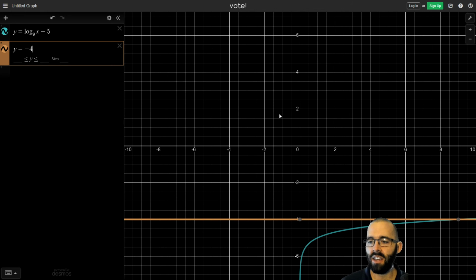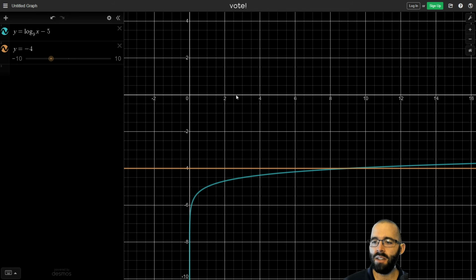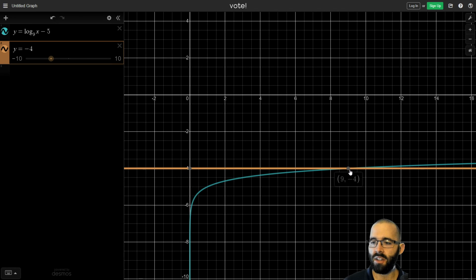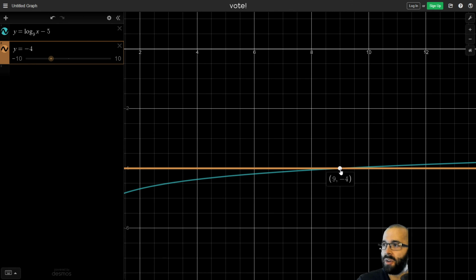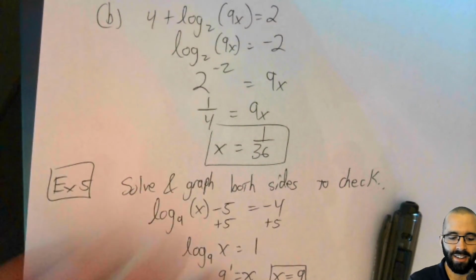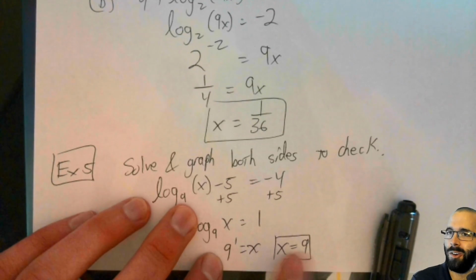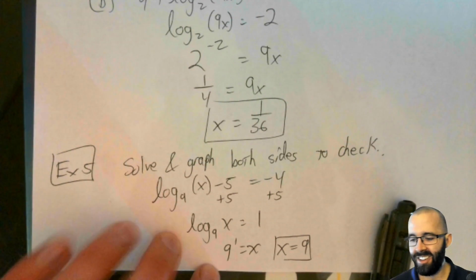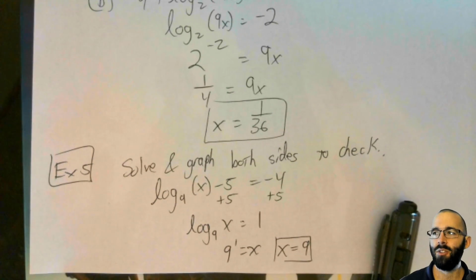So we graph just -4 on the other side, and we see where these things are equal to each other. Oh, these two graphs cross right here. What is this point? This is the point where x is 9 and y is -4. There we go. We did it. All right. That's how I can do this group of problems.